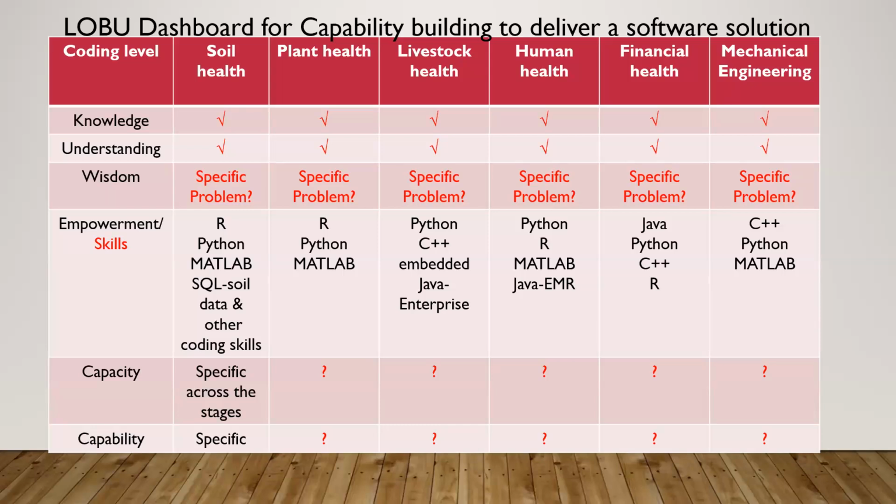Then it has so many requirements for very high level performance, which requires C++ kind of embedded algorithms. Then it has many value chains like dairy value chains, including milk chains, yogurt, so many of those. So in those cases, you have to use languages like Java and all of that.